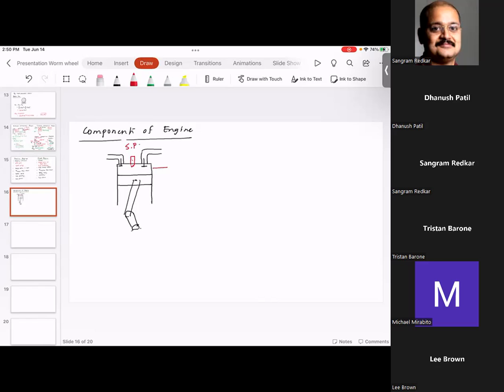So there will be a cylinder, there will be a piston, there will be a connecting rod, there will be a crank, there is intake valve or inlet valve, and there will be exhaust valve.